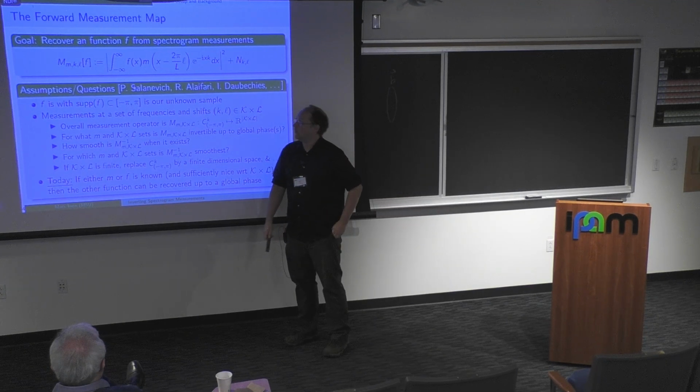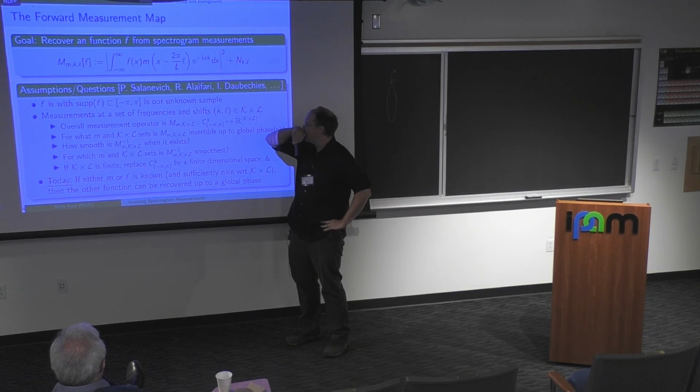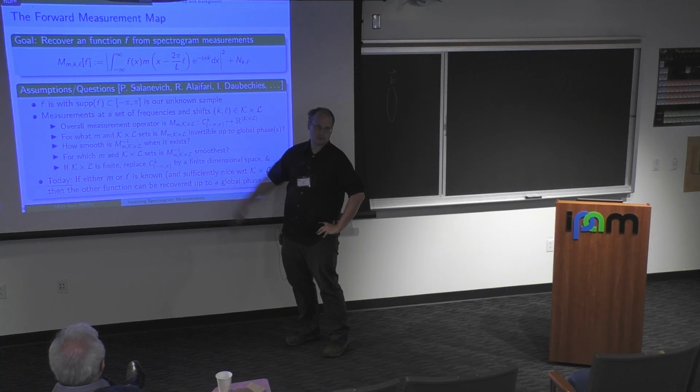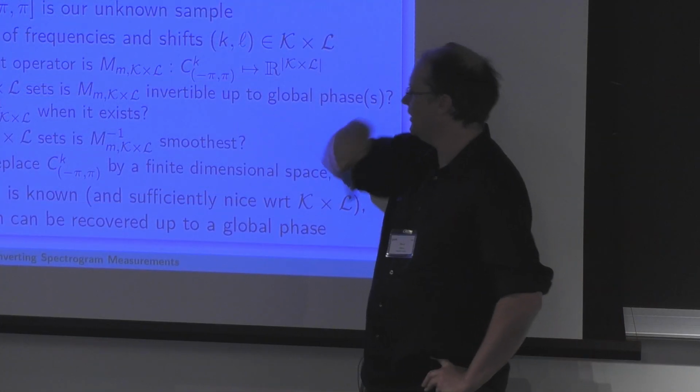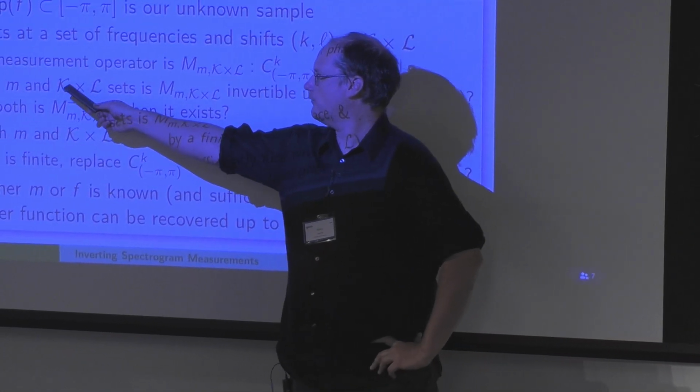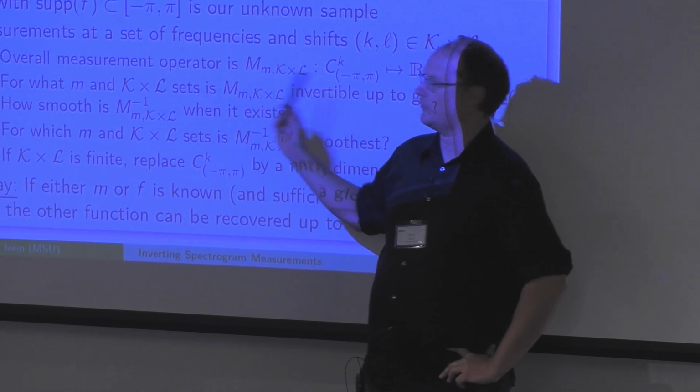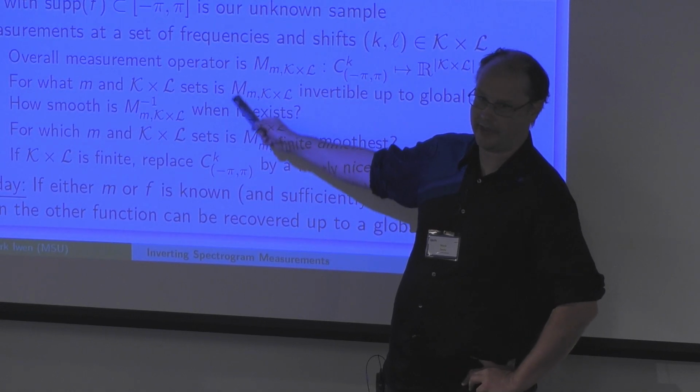So for the sake of understanding, maybe what I'm mostly interested in, let's think about this. So we have our measurement operator, right? Maybe I'm going to have k times continuously differentiable functions that are compactly supported in minus pi to pi. Maybe I'm measuring those. And then you can start asking yourself, for what frequency sets and shift sets is this thing going to be invertible, and for which masks?